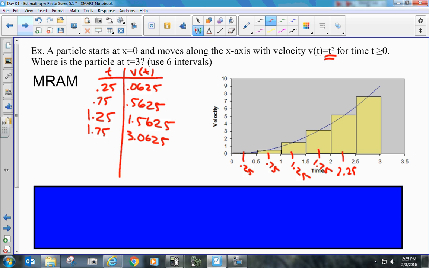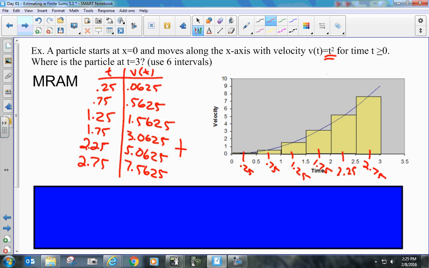What happens when I square 2.25? 5.0625. And what's the last one here? 2.75. If I square it, I get what? 7.5625.